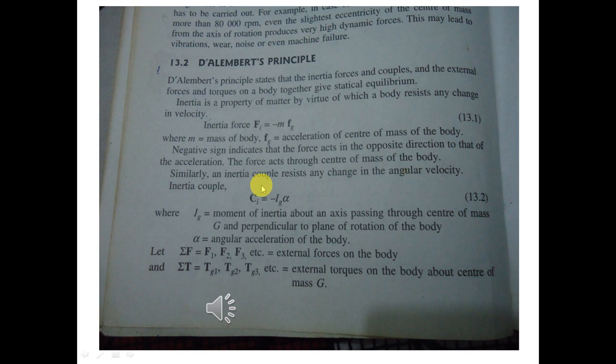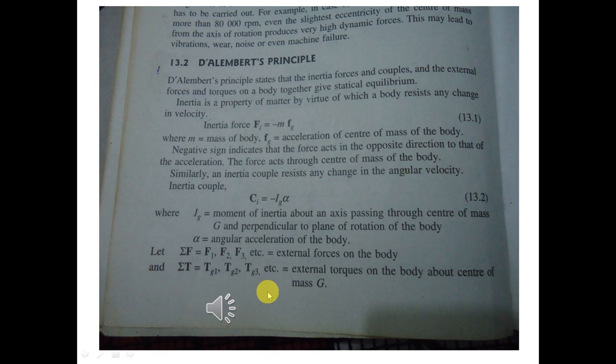And the inertia couple is given by minus Ig into alpha, where Ig represents the moment of inertia about an axis passing through the center of mass G and perpendicular to the plane of rotation of the body, and alpha represents the angular acceleration of the body.